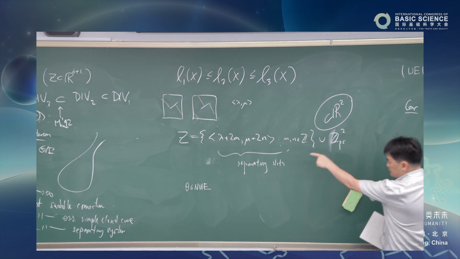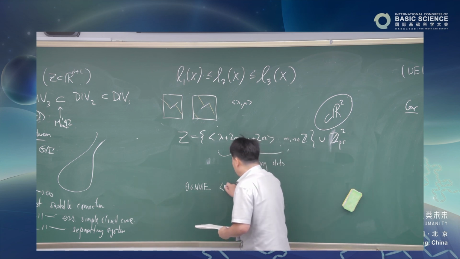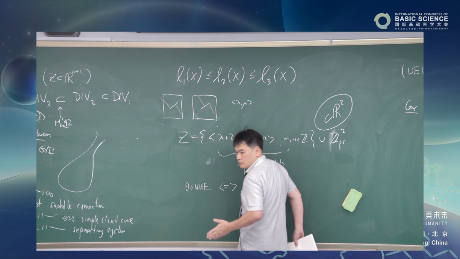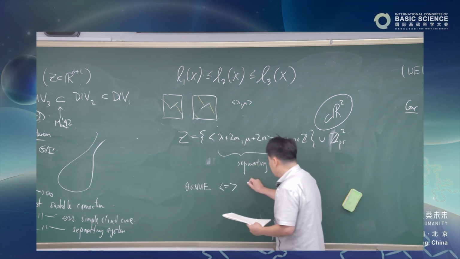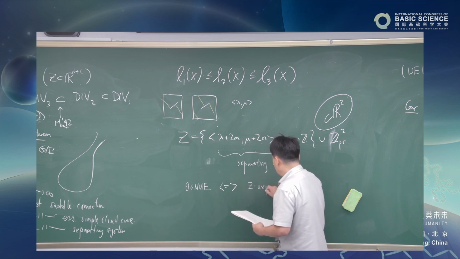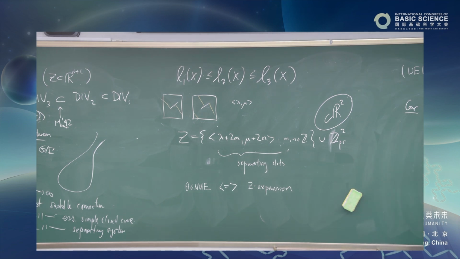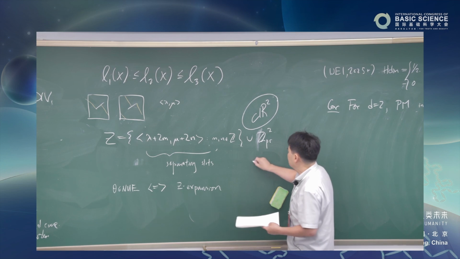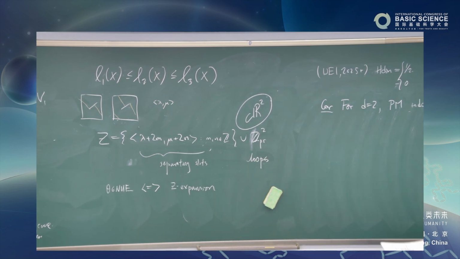And using this particular Z, we can show that there's a symbolic characterization of what it means to be non-uniquely ergodic. It means that the Z expansion, so previously the continued fraction expansion was a sequence of rationals, the Z expansion will be a sequence of slits or loops. These guys are called loops. They correspond to cylinders.